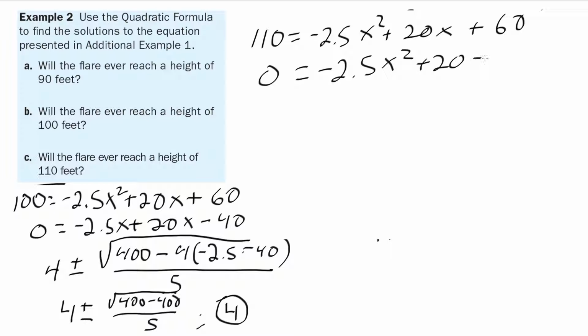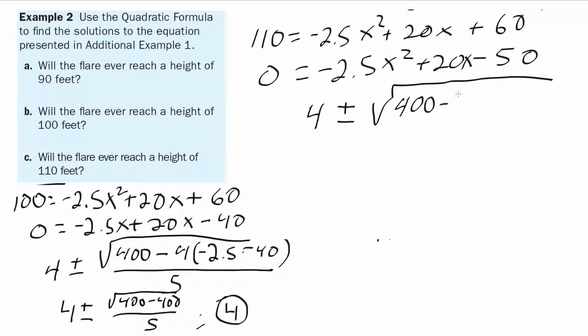We can plug this into the quadratic formula, and that's an x. We have, again, our leading term is 4. Remember, negative 20 over negative 5 is 4. Plus or minus the square root of b squared, which is 400, minus 4 times a negative 2.5 times a negative 50, all of that over 5.